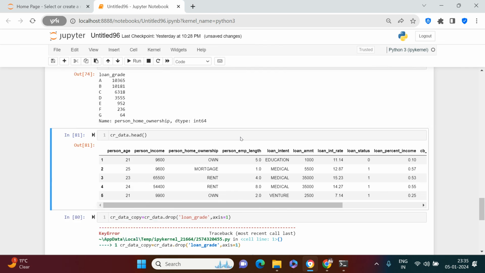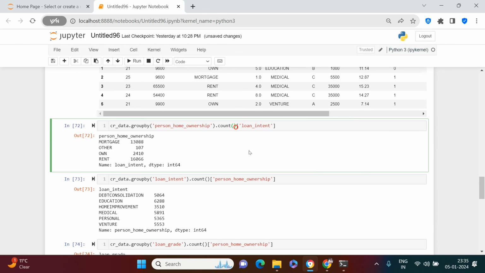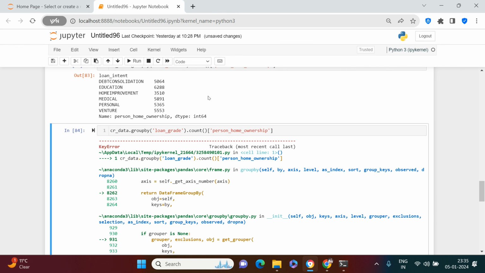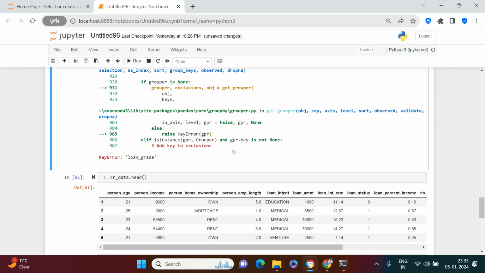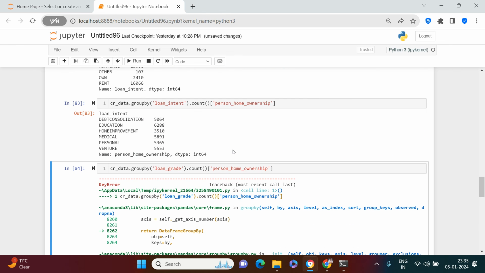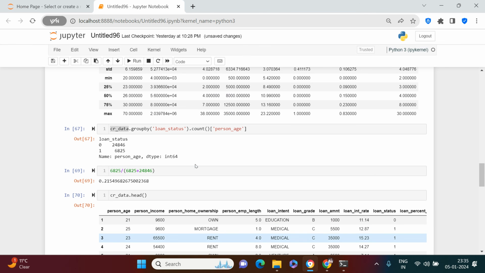Is that gone? It looks like that is gone. Group by. Okay, so I think that is already dropped, so we don't need to worry about it.